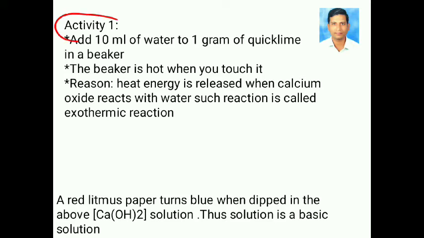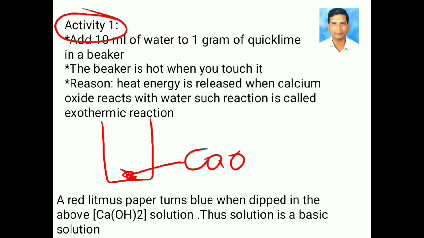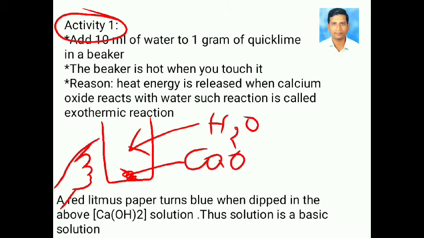Activity 1. Take about 1 gram of quicklime or calcium oxide in a beaker. Now add 10 ml of water to this. Touch the beaker with your finger. The beaker is hot when you touch it.